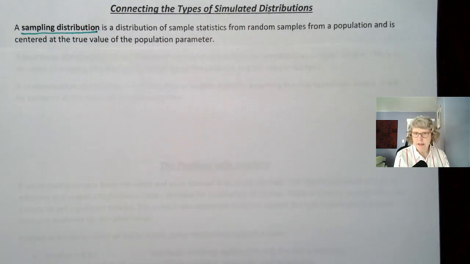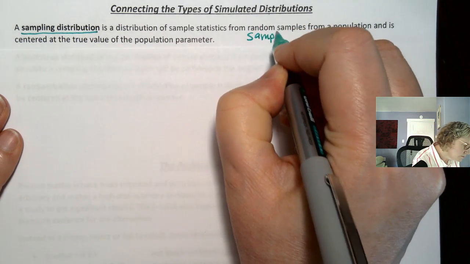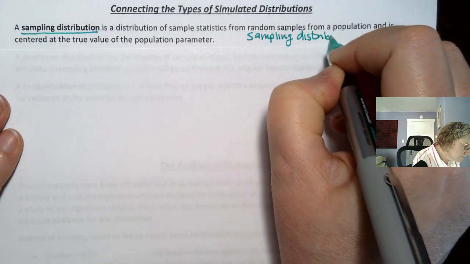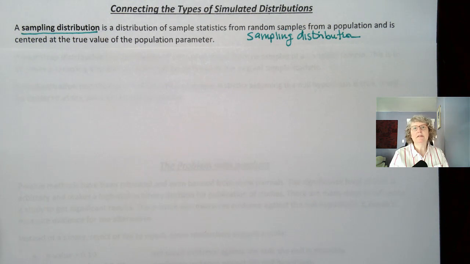And we were actually studying sampling distributions when we did this. What it is, it's a distribution of sample statistics from random samples.